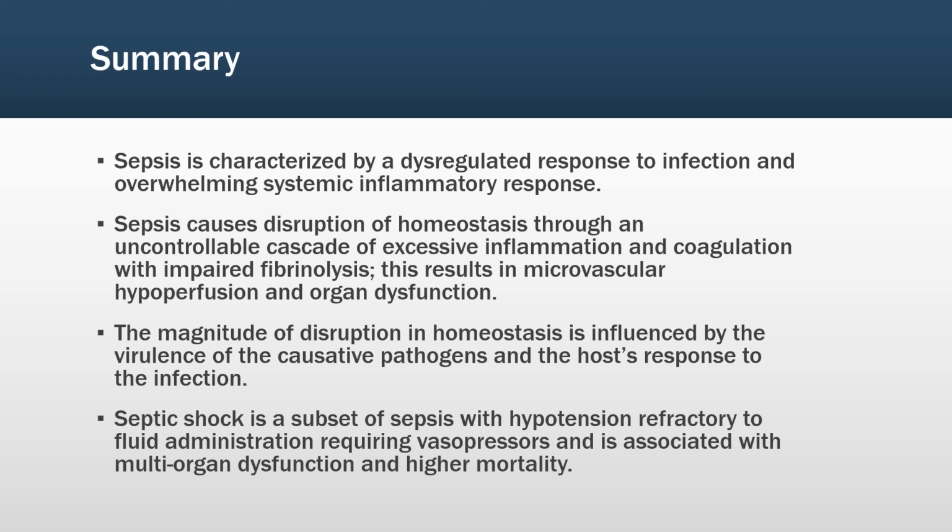The magnitude of the disruption in homeostasis is influenced by the virulence of the causative pathogens and the host's response to the infection. Septic shock is a subset of sepsis, with hypotension refractory to fluid administration, requiring vasopressors, and is associated with multi-organ dysfunction and higher mortality.